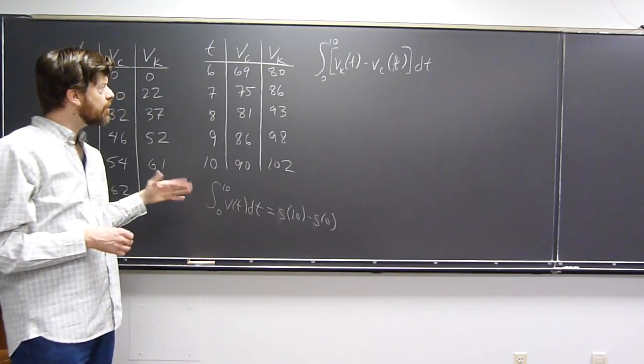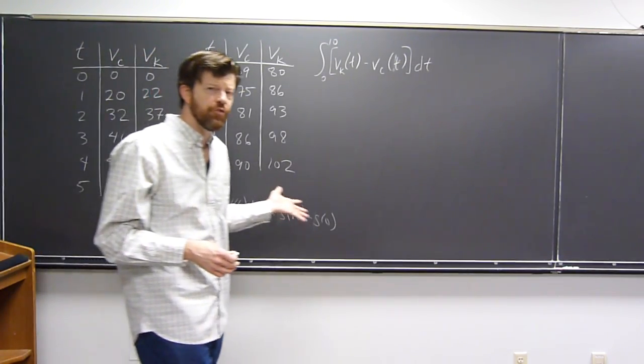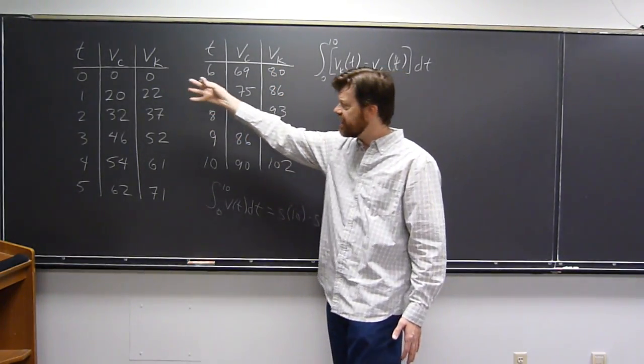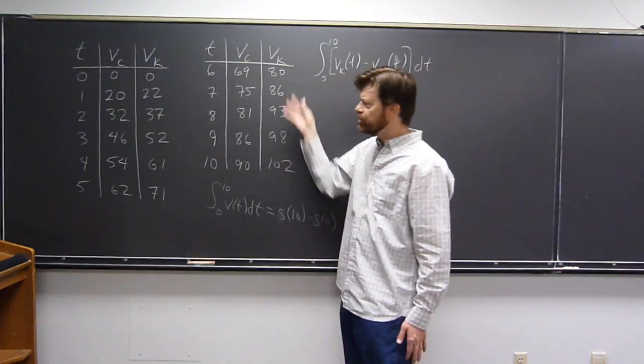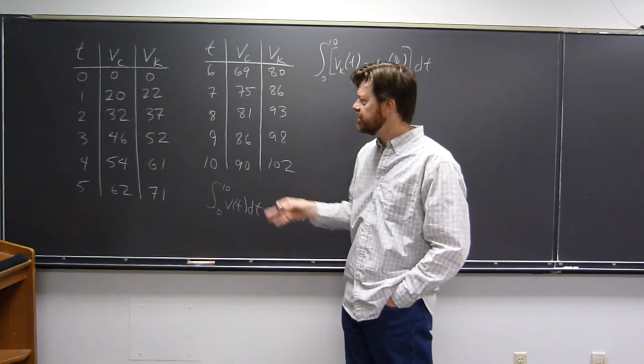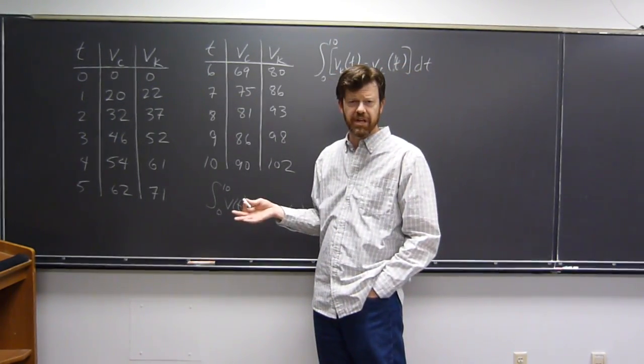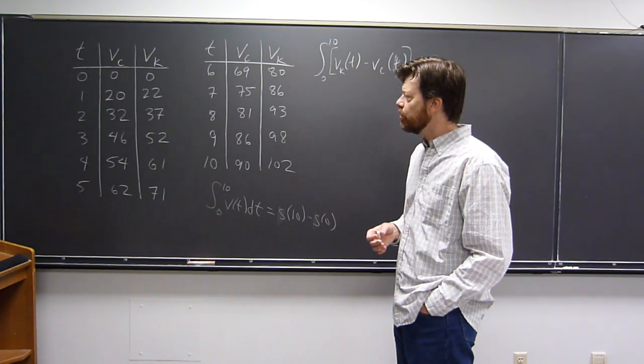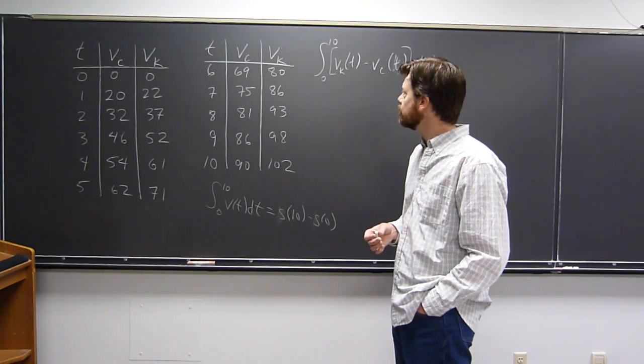We are going to approximate this. We don't have actual formulas for the velocity functions. We just have data points, specific measurements of velocity. So we're going to have to approximate the answer, and we're asked to do that using the midpoint rule.